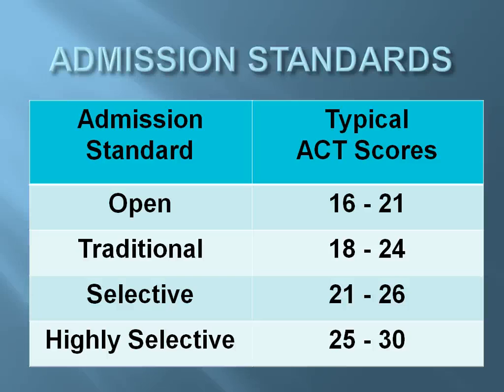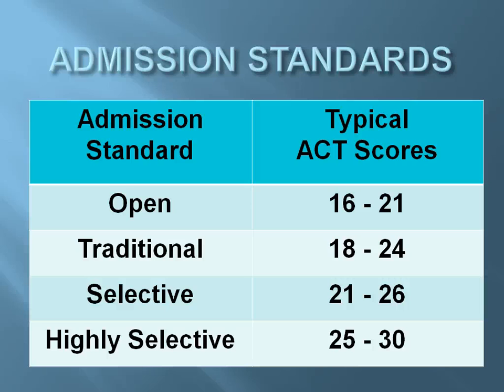A school with an open admission standard would be a school such as the College of Lake County. Schools with traditional admission standards are typically state schools such as Eastern Illinois, Northern Illinois, Western Illinois, Southern Illinois. More selective schools could be schools such as Illinois State University, the University of Illinois, or some of the Big Ten schools.